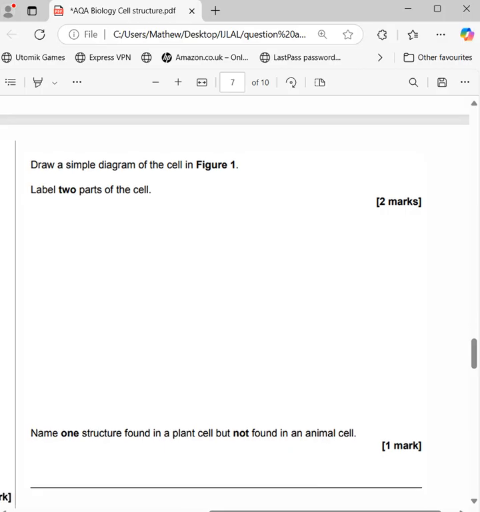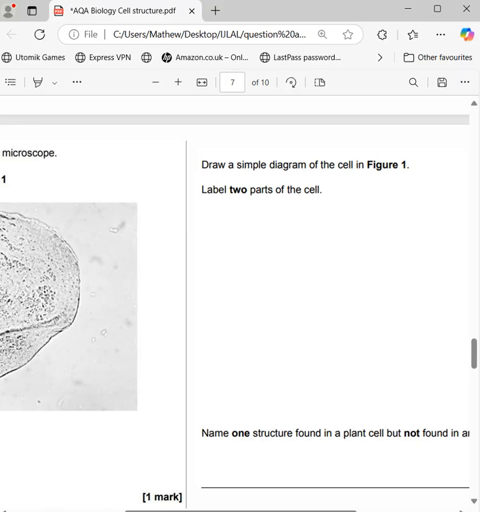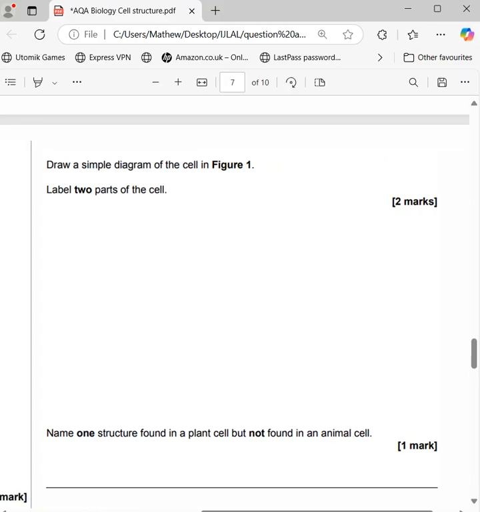Now, here, we are told to draw a simple diagram of a cell in figure 1 and label 2 parts. When you draw, there are certain criteria you need to take note of.